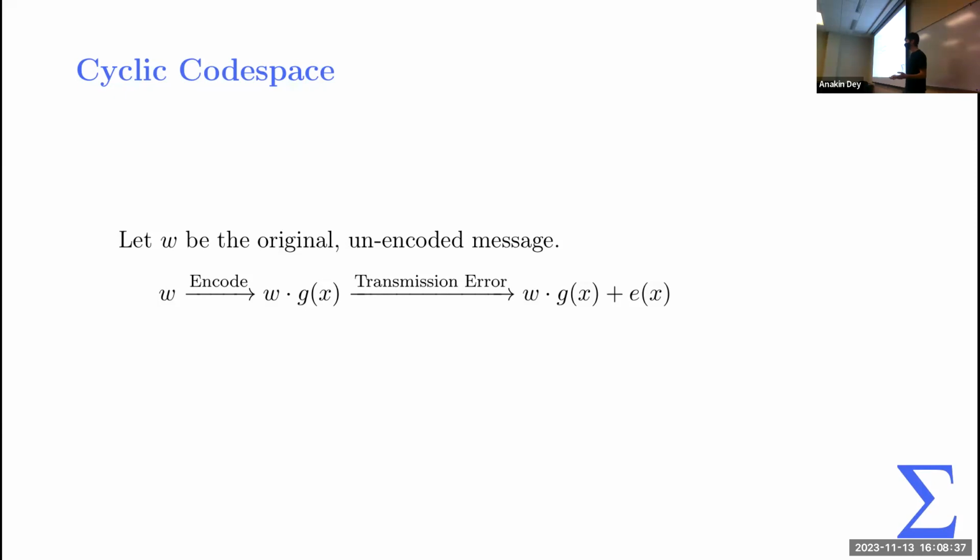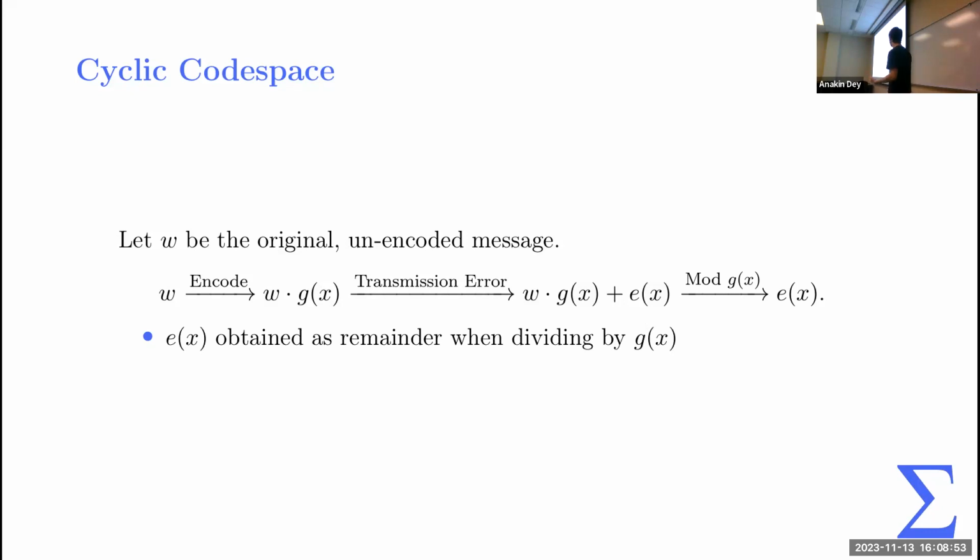If we divide by g of x, we'd have that error term as the remainder. So instead of dividing and taking the remainder, we just mod by g of x, and we get e as our error. So e of x is obtained as our remainder.